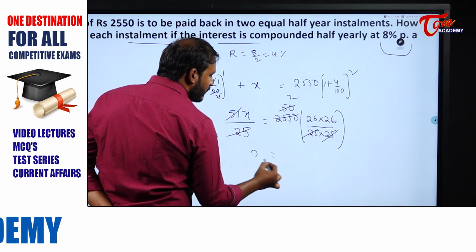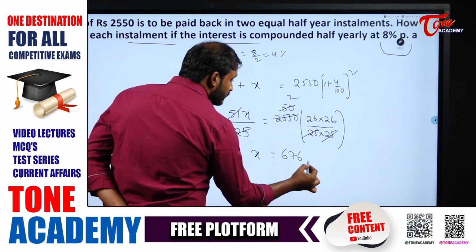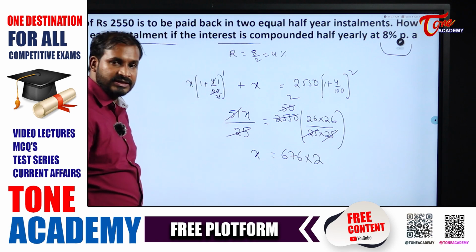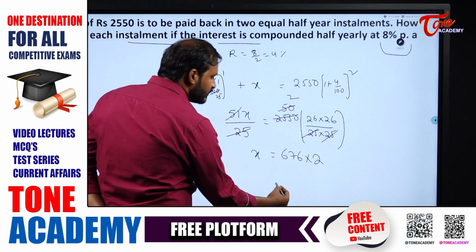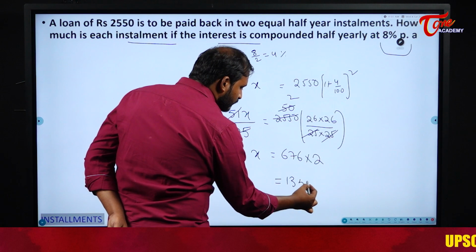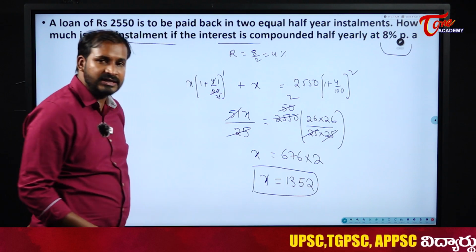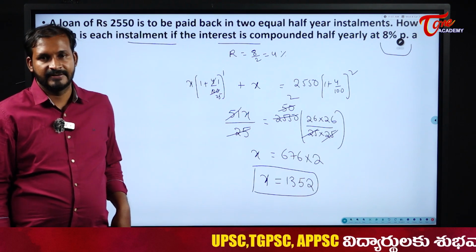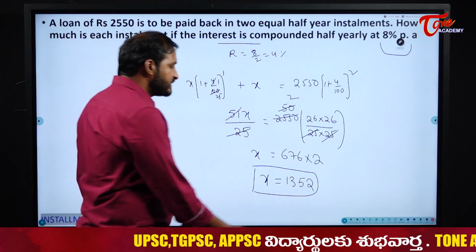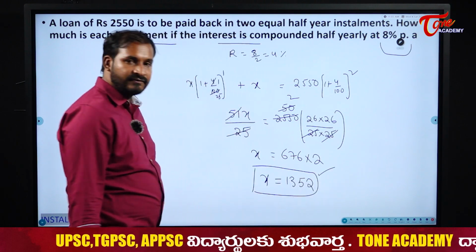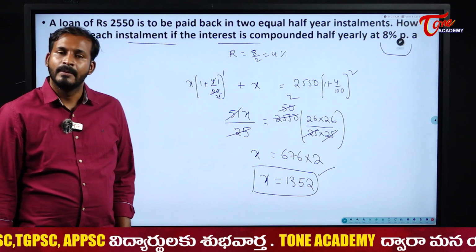So x will become 676 into 2. 676 into 2, what does it become for us? Students, 1352 rupees. So the half-yearly installment you need to pay here is 1352 rupees. That is the answer for this one.